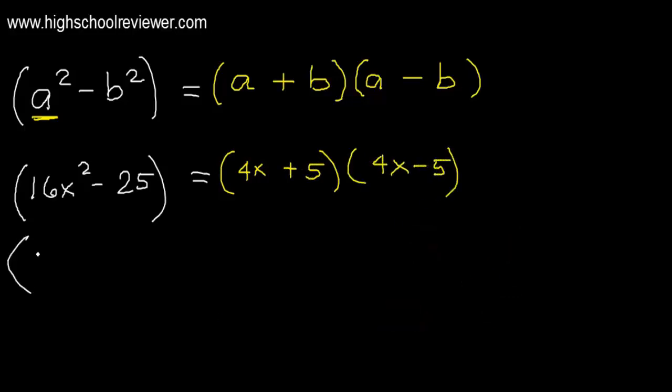Our next example will be 81 m raised to 4 n raised to 2 o raised to 6 minus 36x squared. First, let us get the square root of the two terms.